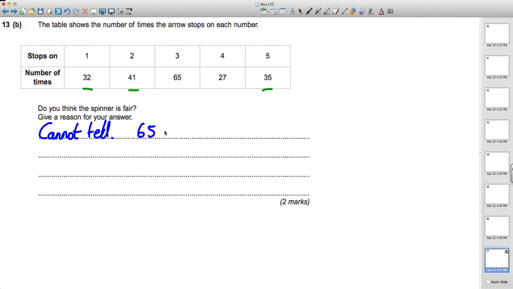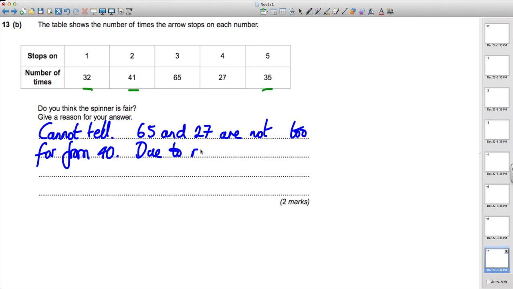I would say that 65 and 27 are not too far from 40. And I would state that due to randomness, and that's the key word to get in here, the examiner is looking for the word random or randomness. So due to randomness, results often differ from expected.